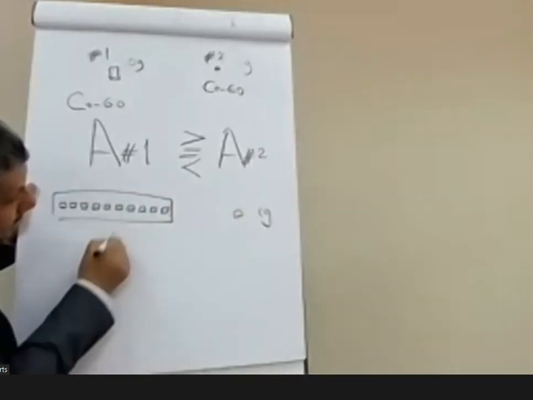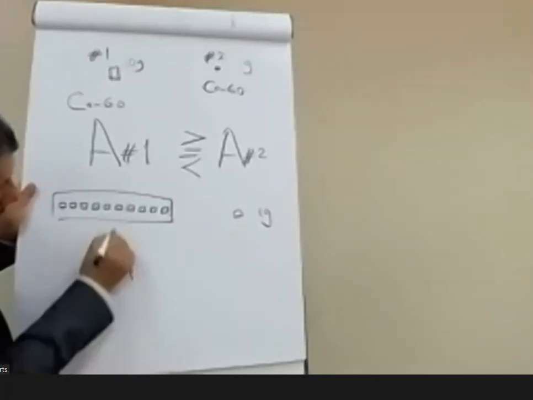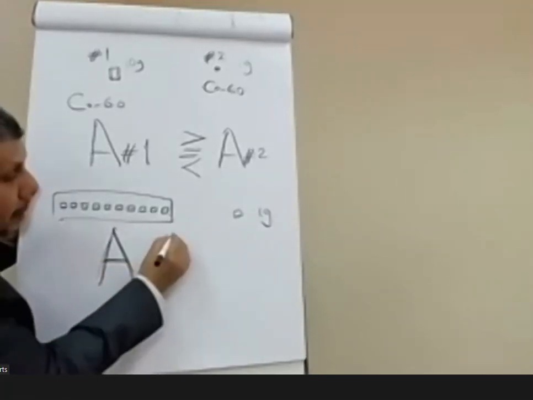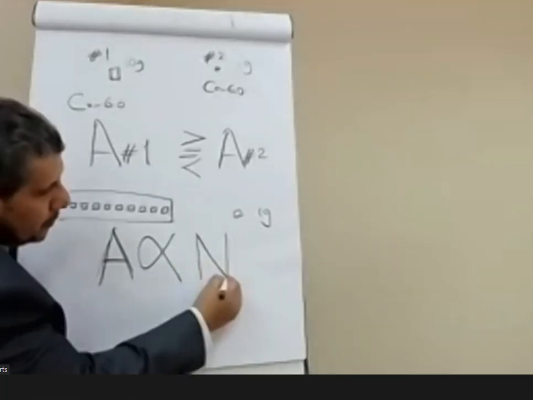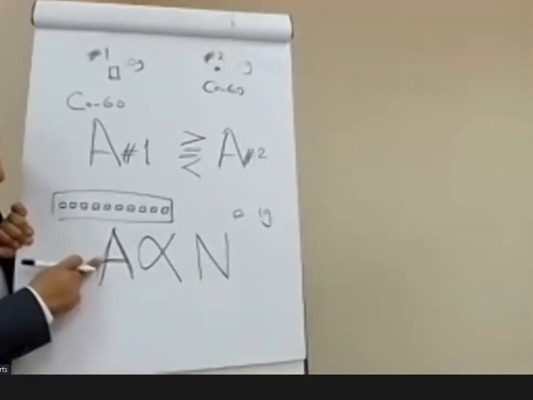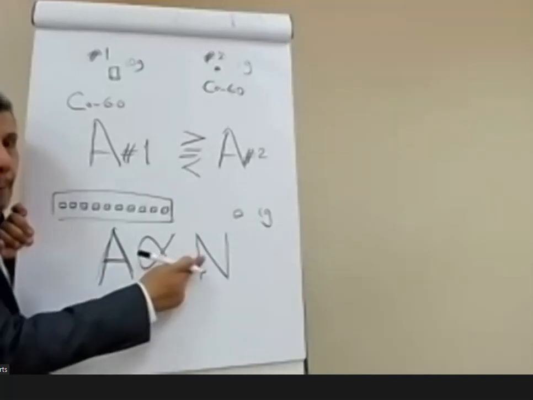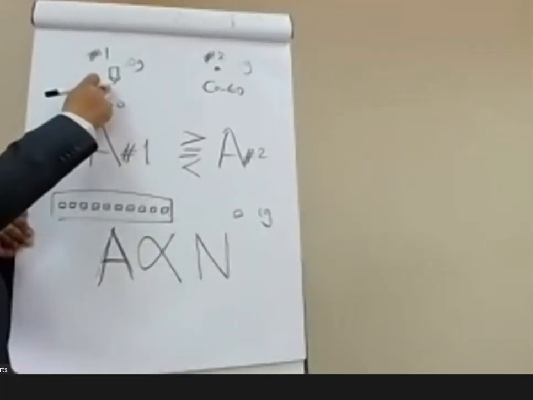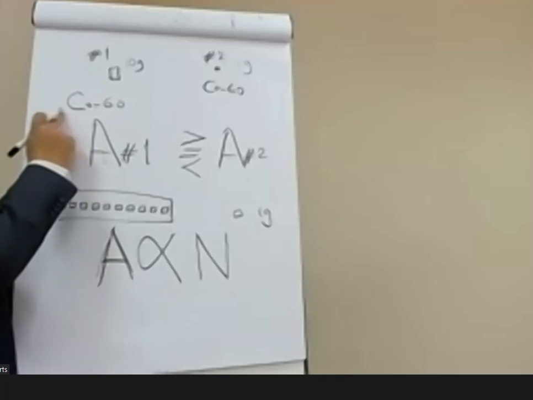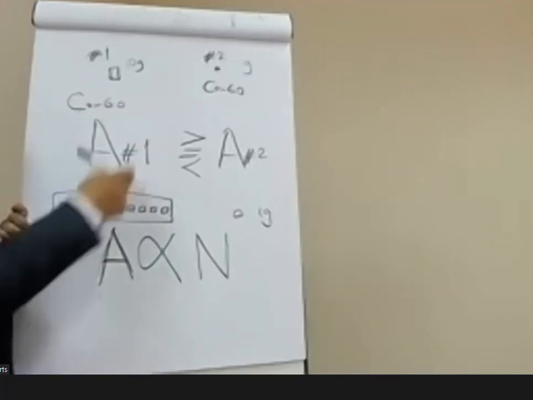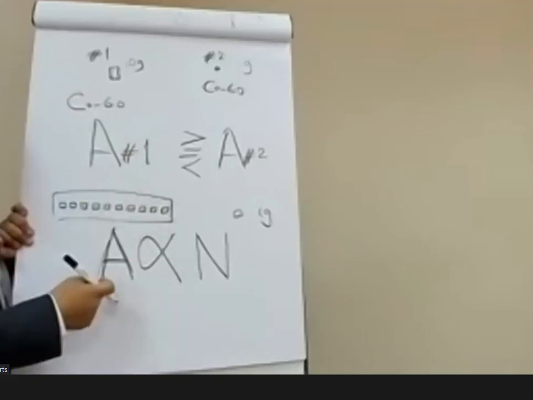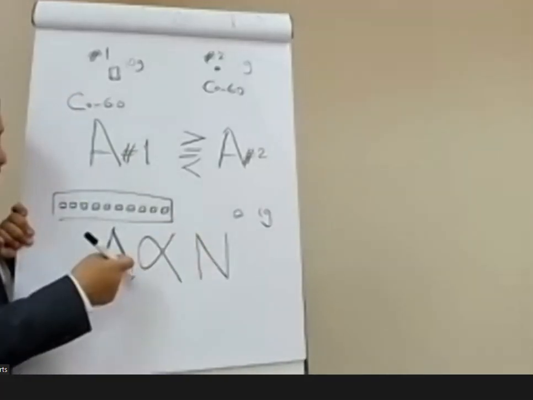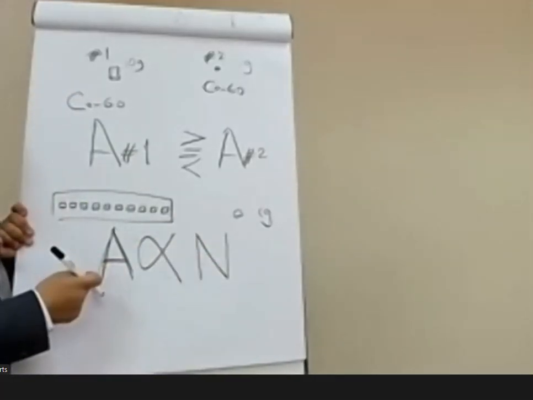And we can say activity is proportional to the number of atoms in the source. If we have more atoms, we have more activity. More atoms, more activity. Less atoms, less activity.